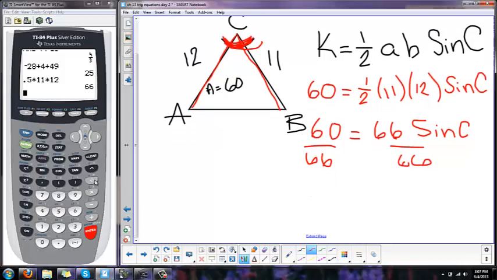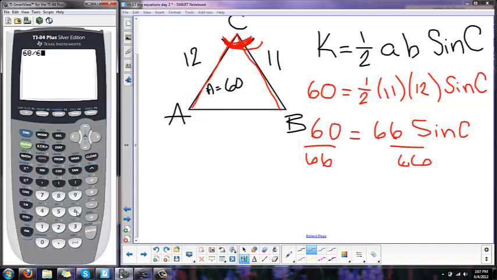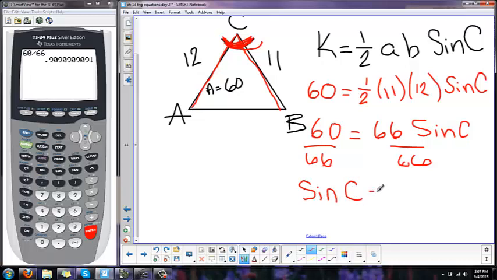So I'm going to do 60 divided by 66. So this decimal right here is what sine of C is equal to. Sine of C is equal to 0.909, repeating.